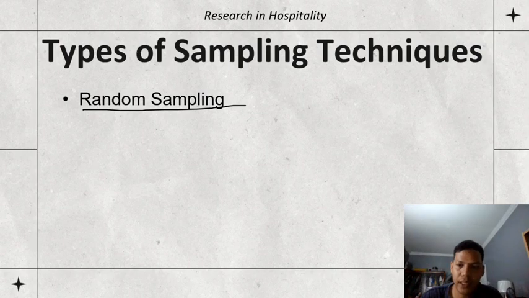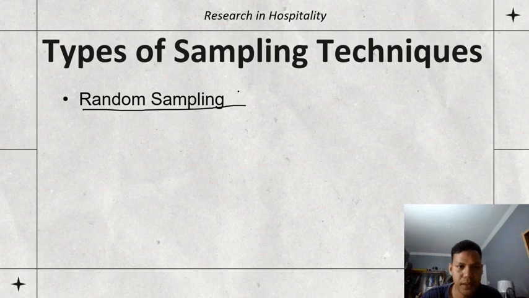Under random sampling we have simple random sampling, systematic random sampling, and stratified random sampling.